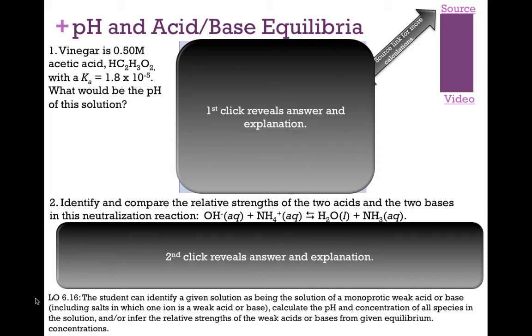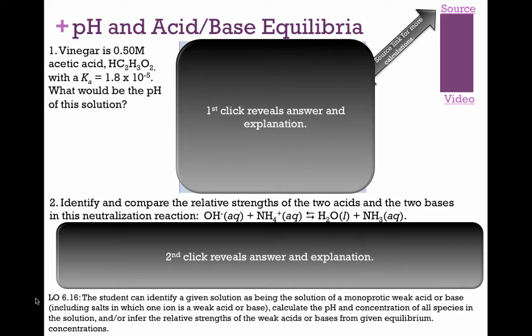Okay, so always write any reaction that you can, write it out. So acetic acid is HC2H3O2. It's going to ionize partially into what? H plus and C2H3O2 minus. What do we have initially?